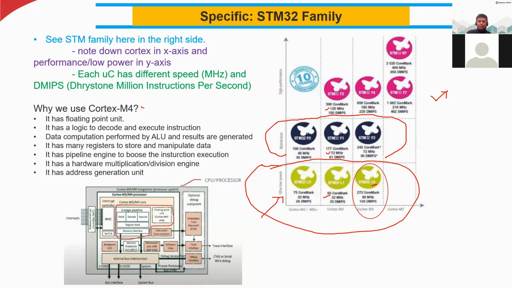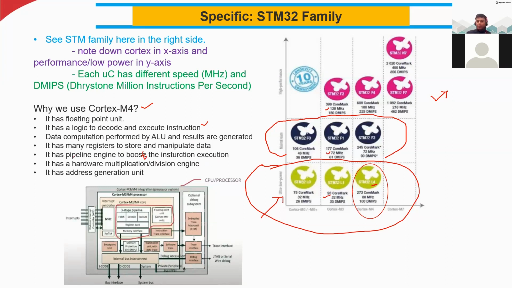The reason for using this hardware in our project is that it has a floating point unit, and it has logic to decode and execute instructions, and data computation performed by the ALU, and results are generated quite fast with ultra low power, and it has many registers to store and manipulate data, and it has a pipeline engine to boost the instruction execution.